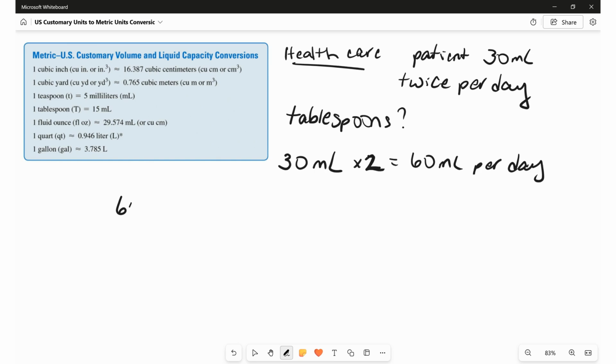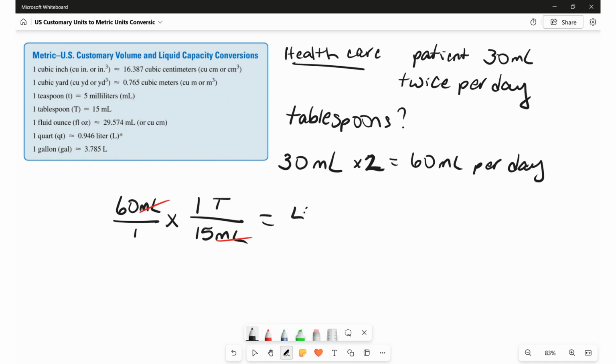So we have 60 milliliters, and we multiply that by 1 tablespoon over 15 milliliters. Like we've seen before, this cancels out our milliliters, and we are left with this patient taking 4 tablespoons per day.